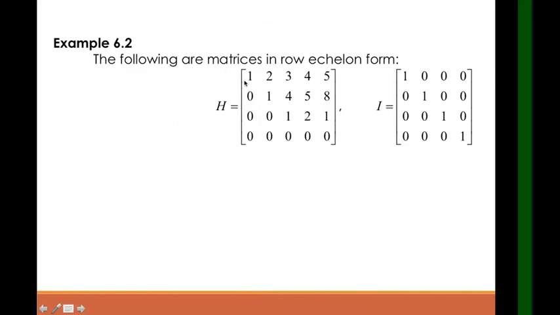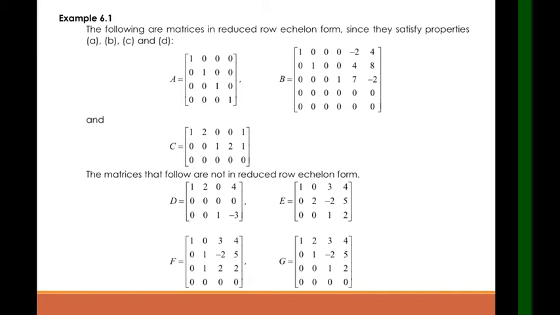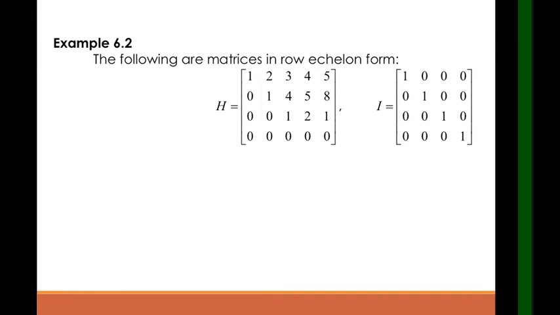The following are matrices in row echelon form. So, yung dito, these are not reduced row echelon, and the other is a reduced row echelon. But in here, the examples are row echelon form.